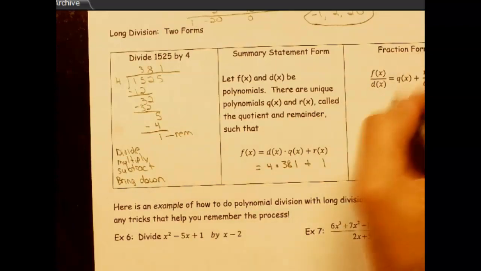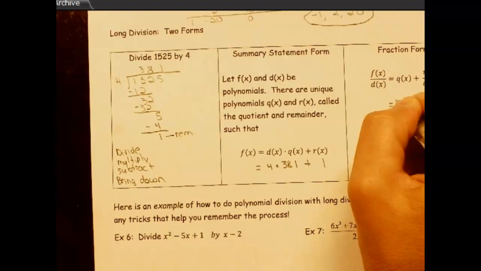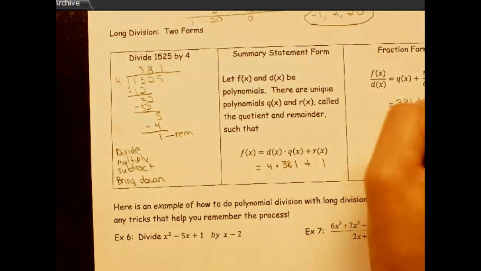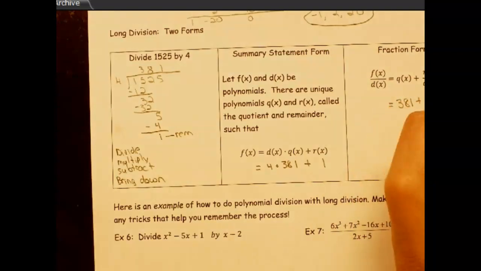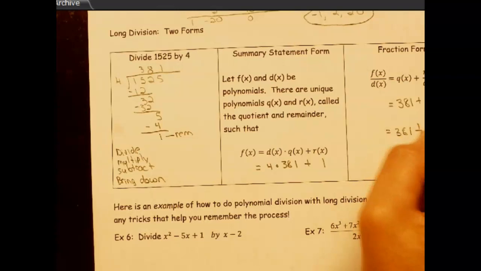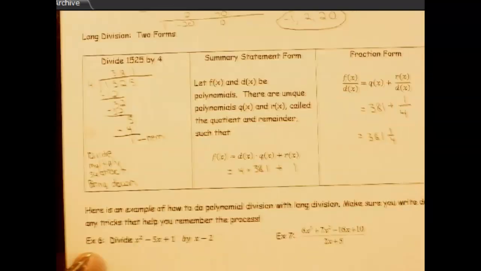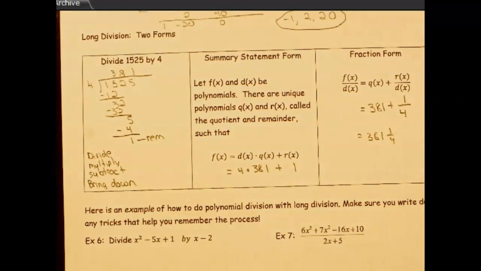If I write it in fraction form, I've got 381 plus my remainder of 1 over my divisor, which was 4. And again, if you check that, you would get 381 and 1/4. 4 times 381 plus 1 gets you back to what we started with. So I'm just trying to show you how it works from a numerical standpoint before we look at the polynomials.